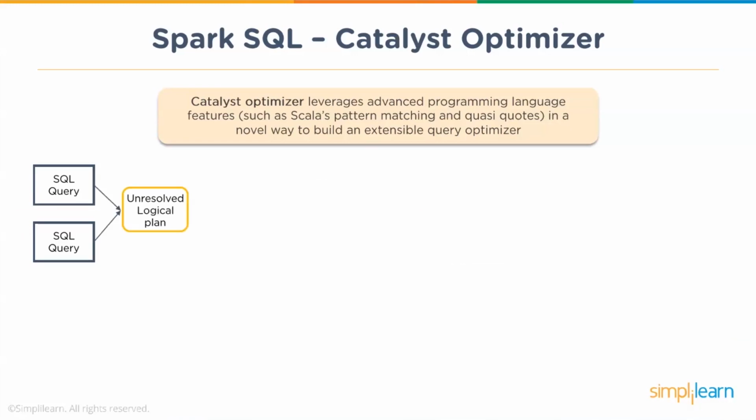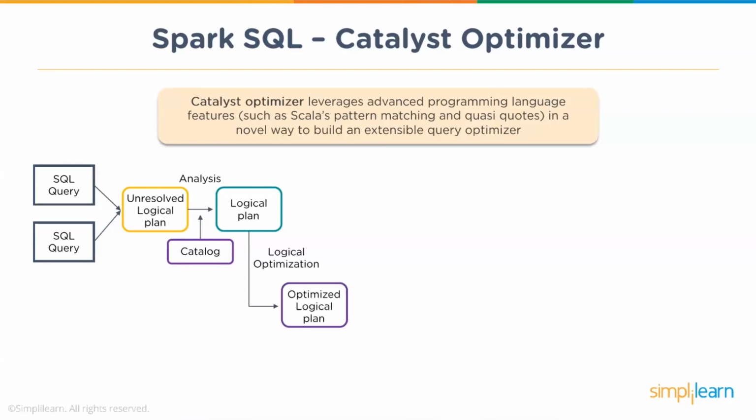When we talk about your Catalyst Optimizer, we can say if you have a SQL query, that SQL query would result in an unresolved logical plan, which can then help in analyzing the logical plan, and it also depends on the reference to the internal catalog, which has information about the data you are trying to query.